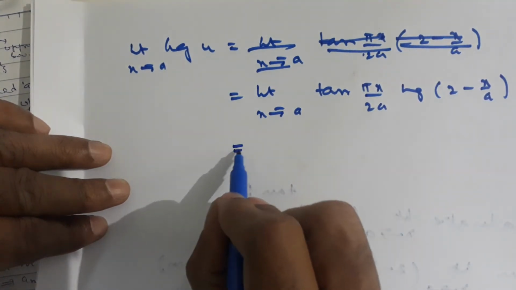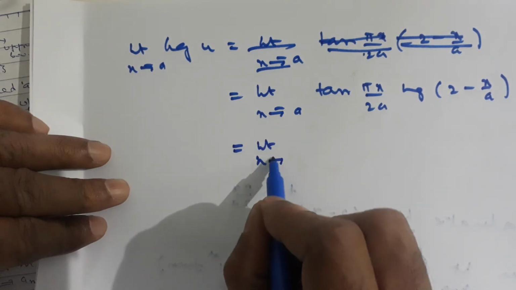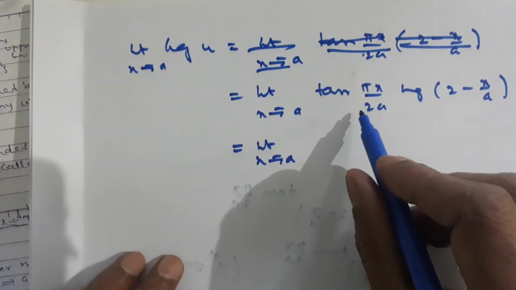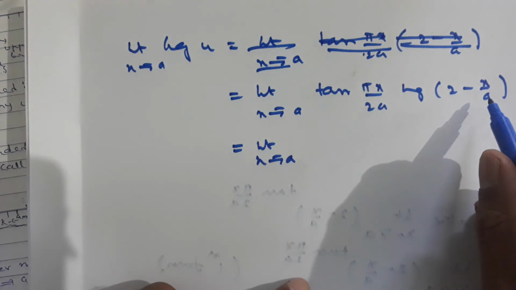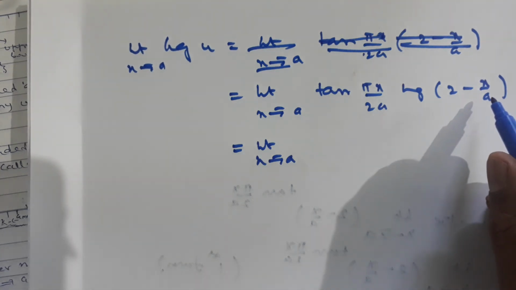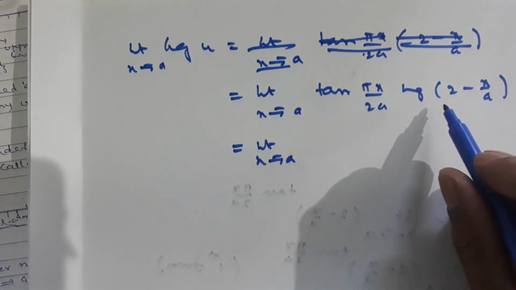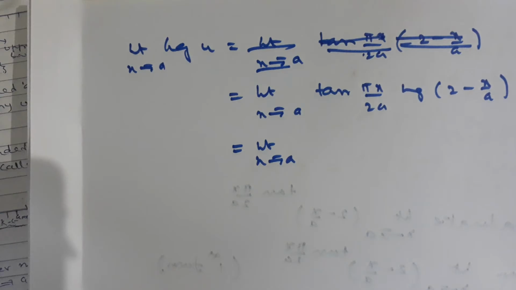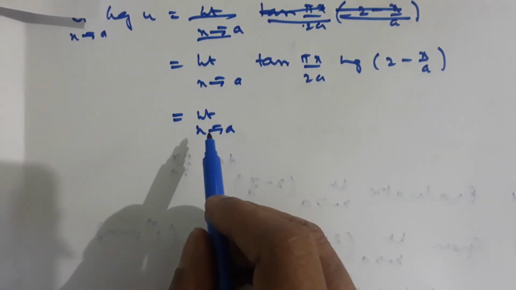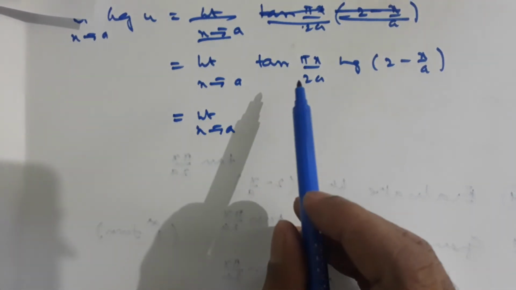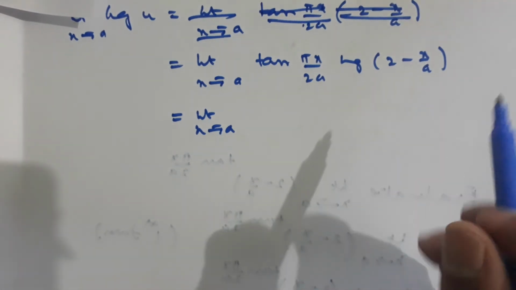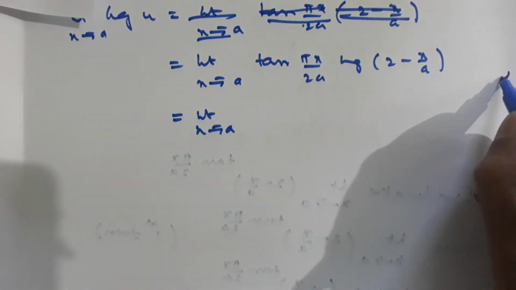So this is equal to limit x tends to a. So tan pi by 2 is infinity, and as x tends to a, x by a is 1, 2 minus 1 is 1, log 1 is 0. So here as limit x tends to a, this is infinity into 0.